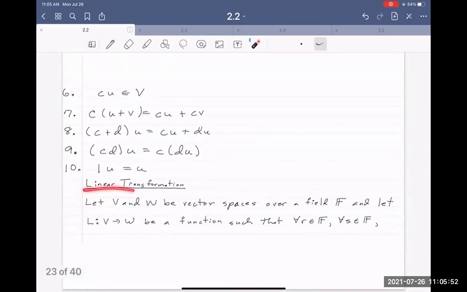So now I can define what a linear transformation is. I gave you an intuitive idea, more or less, of what a linear transformation is. Let me be a little bit more specific.